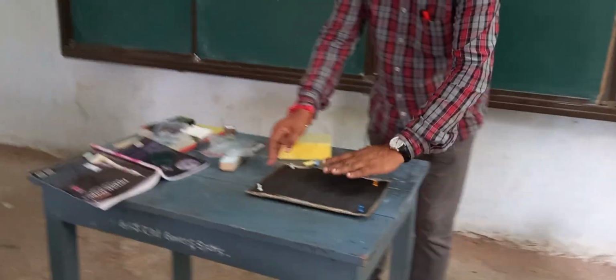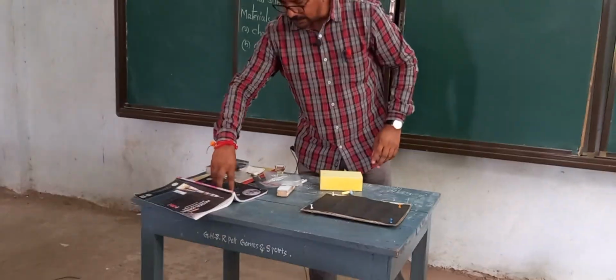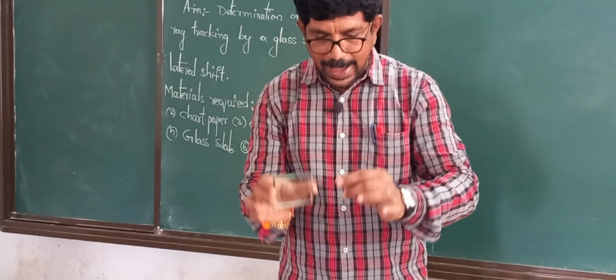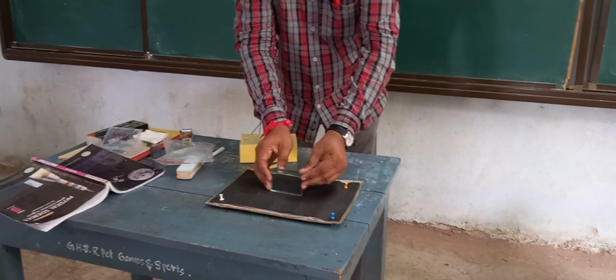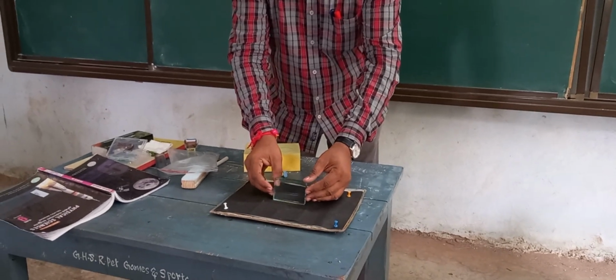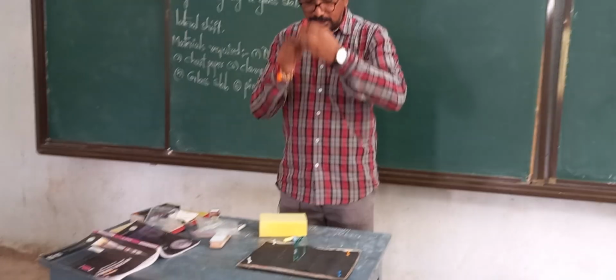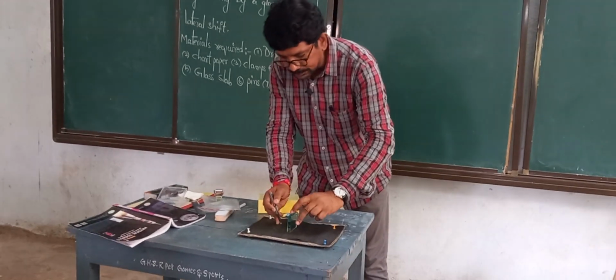Now, see this. I have taken a glass slab. This is the glass slab. I kept the glass slab in the middle of the paper. I am tracing the boundary of the glass slab.